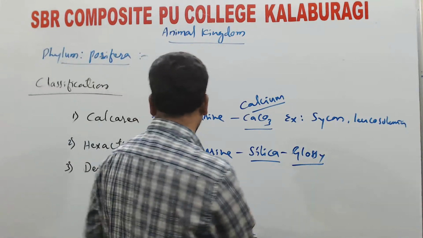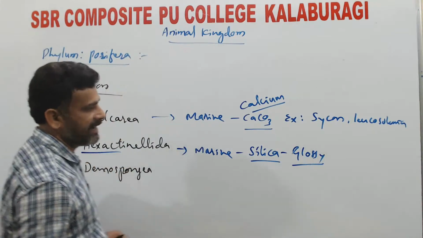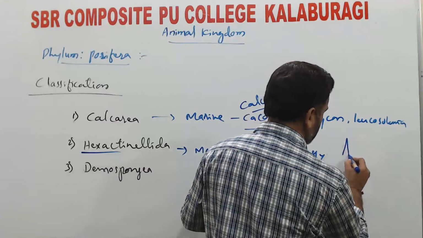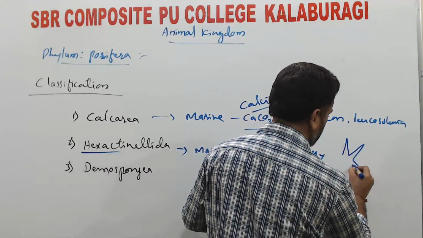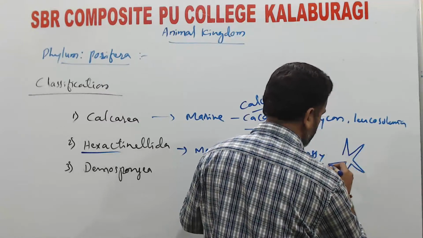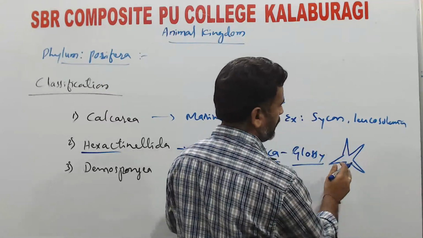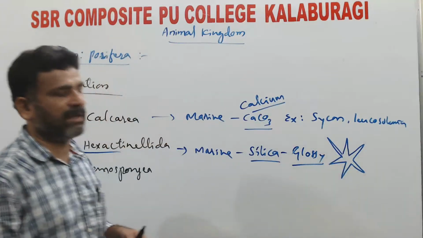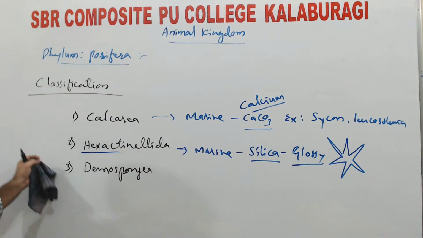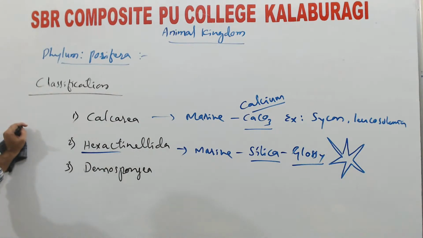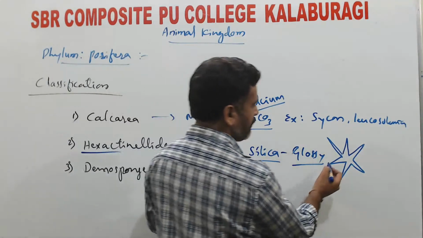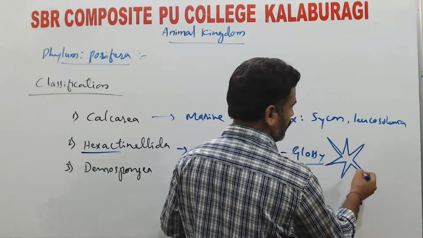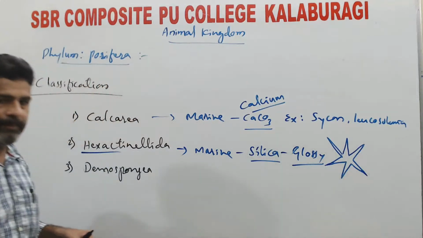So the name itself explains it. Hexactinellida means they mainly possess six-rayed spicules. Such spicules help to hold one cell with another cell.